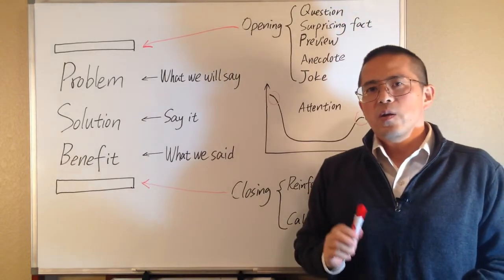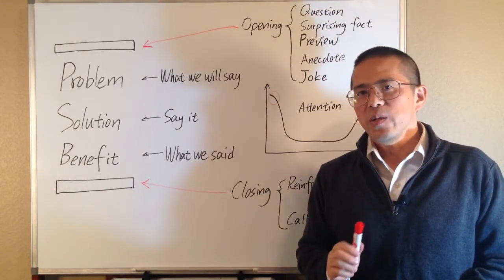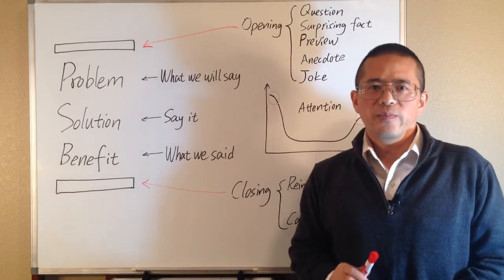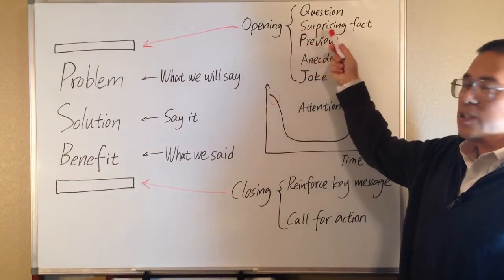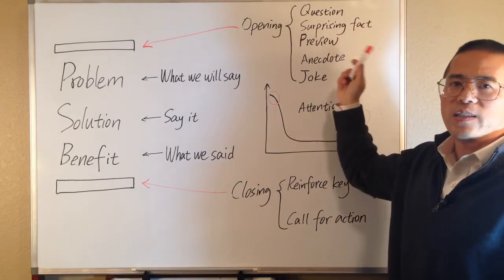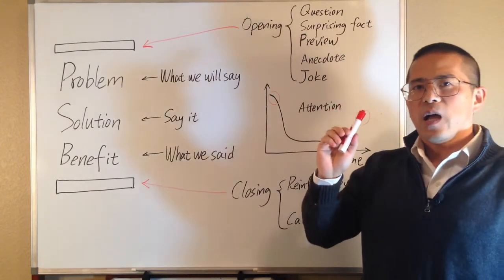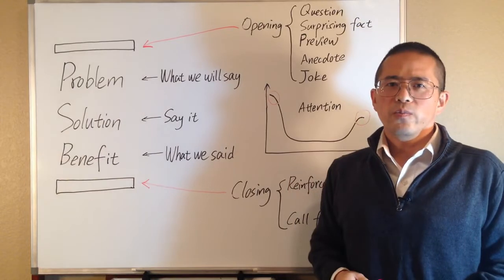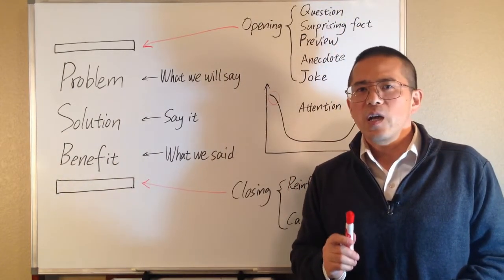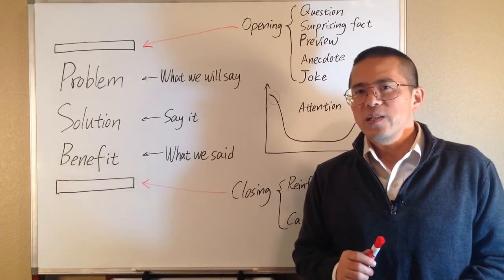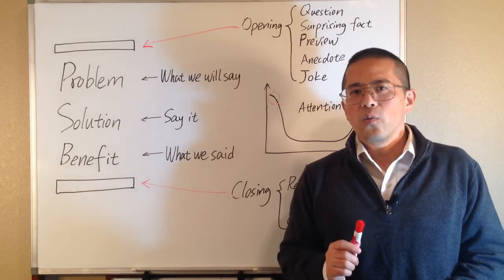A question will naturally engage people and make them think. The second method is to provide a surprising fact or statistics that our audience may not have known. It will stimulate their curiosity and encourage them to keep listening if they want to find out why.